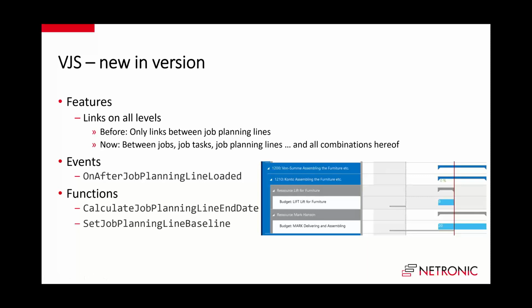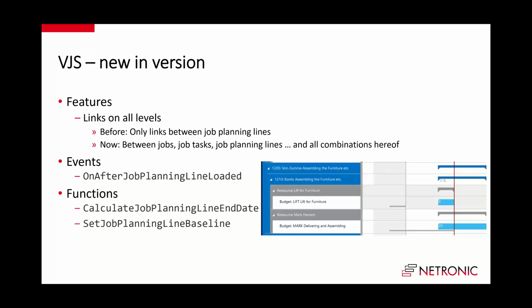In addition to this, we also published one event and two functions. One function is actually quite interesting if you have a solution that goes beyond the standard Business Central jobs model. So if you have a project management solution, or if you have a customer who wants, which is quite common actually in project management, that you help them save the baseline.